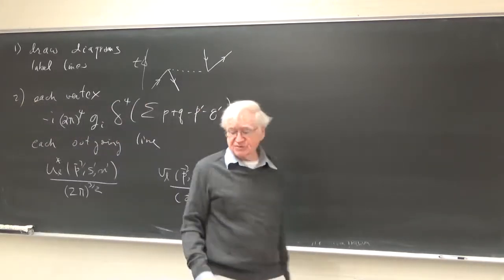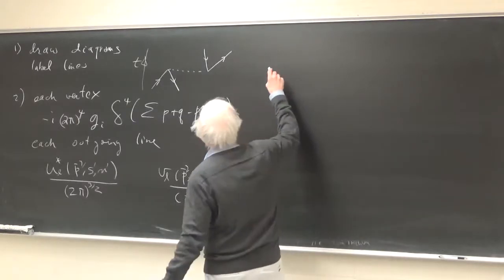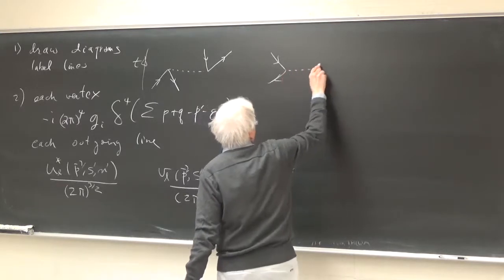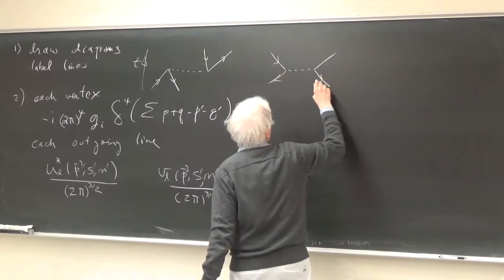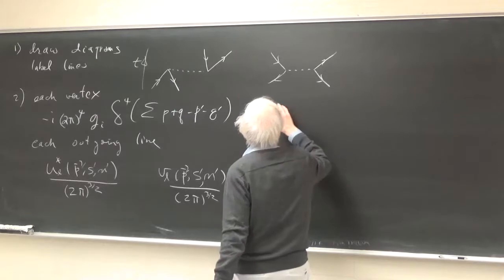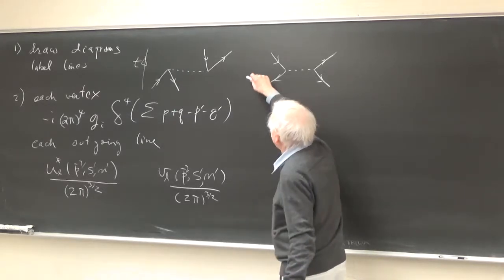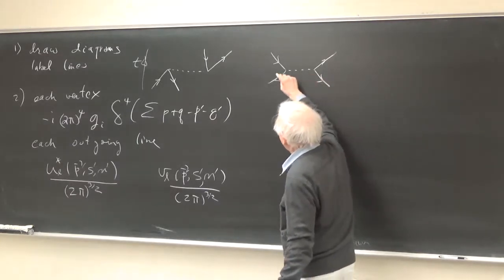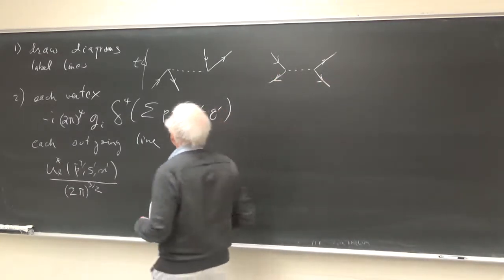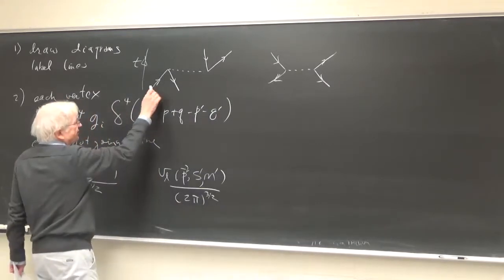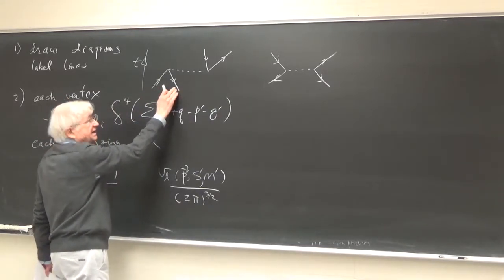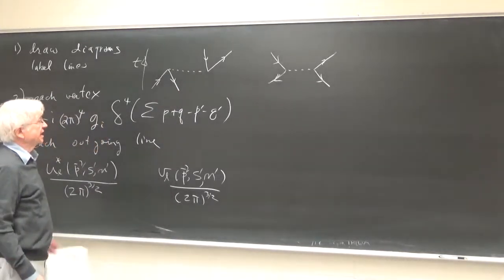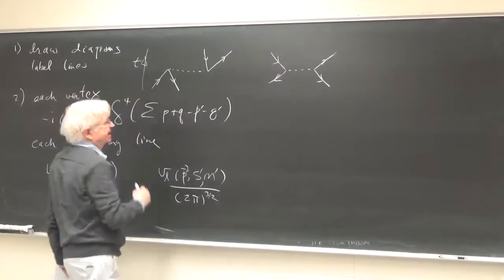On the other hand, most people draw this diagram this way, with incoming particles here on the left, outgoing particles on the right. This is an incoming fermion, an incoming antifermion. In Weinberg's way, it's like this.